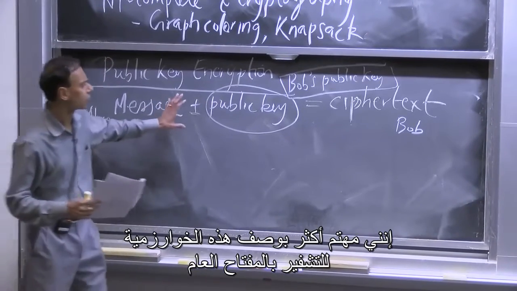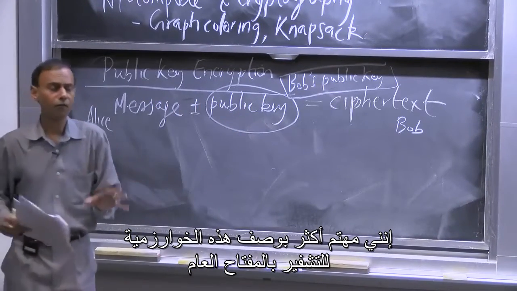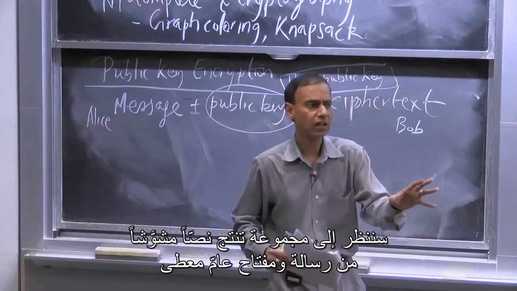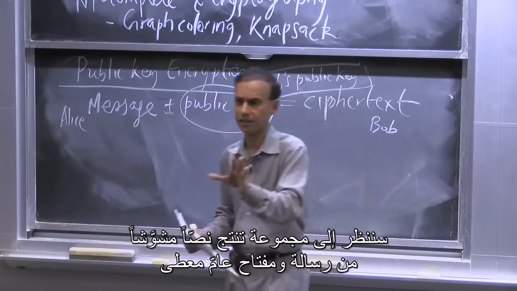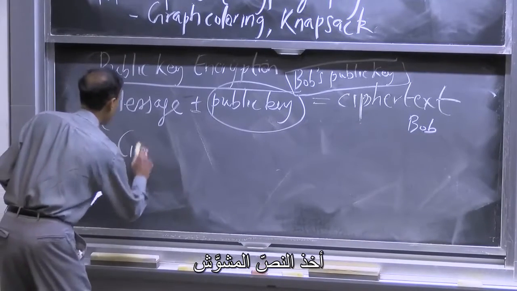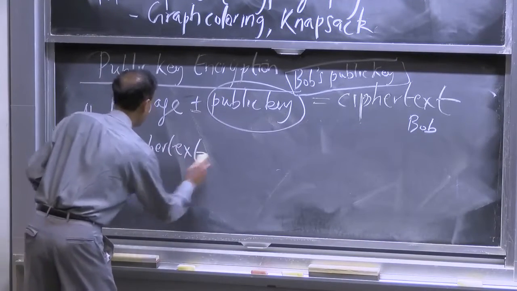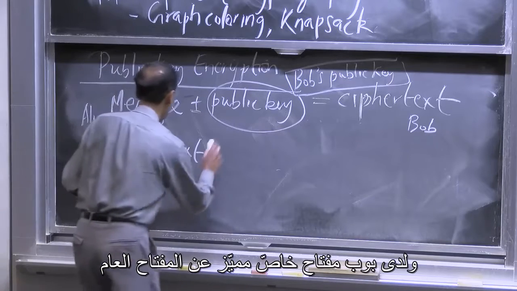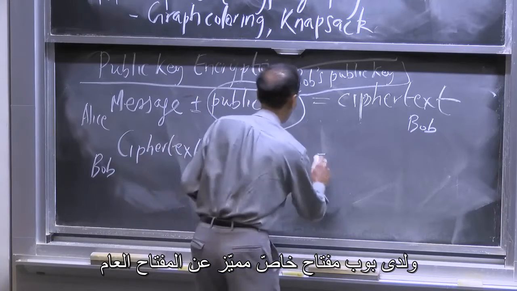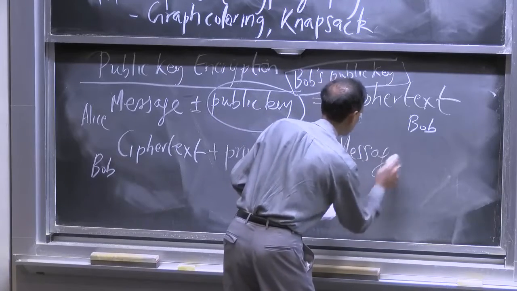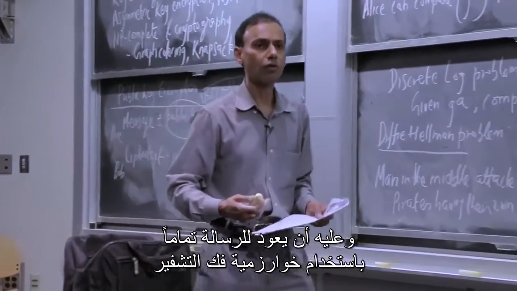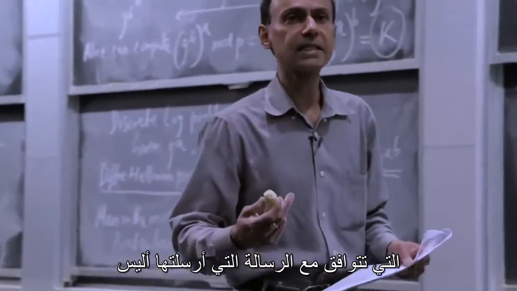I'm more interested in describing the algorithm for public key encryption. We'll look at a couple that produce a ciphertext given a message and a public key. Now, of course, what Bob needs to do is take the ciphertext, and Bob has a private key that is distinct from the public key, and needs to get back exactly the message using a decryption algorithm that corresponds to the encryption of the message Alice sent.